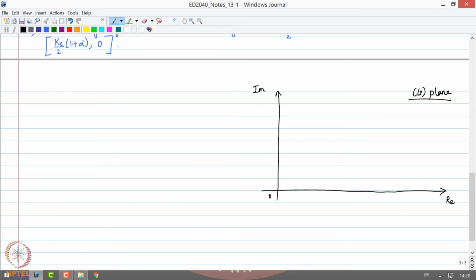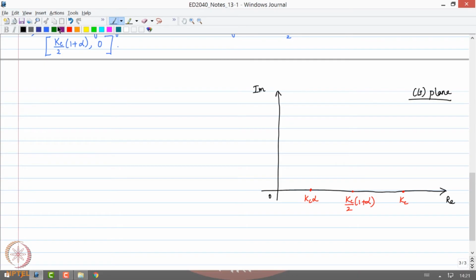In the C(s) plane, we can immediately see that the value of the sinusoidal transfer function starts at Kc α, and it goes to Kc as ω tends to infinity, and the center of the circle is going to be at the middle, which is Kc by 2 times (1 plus α).